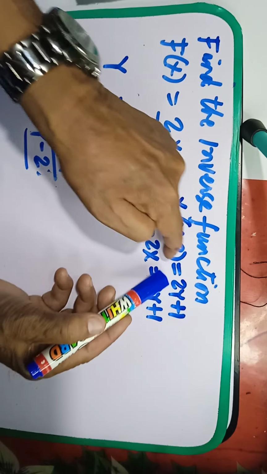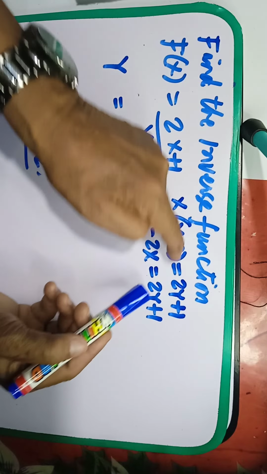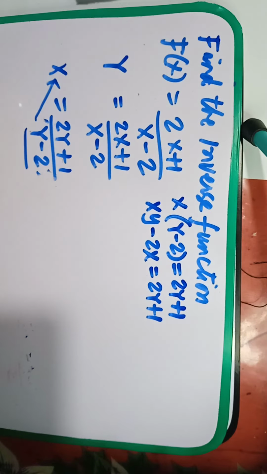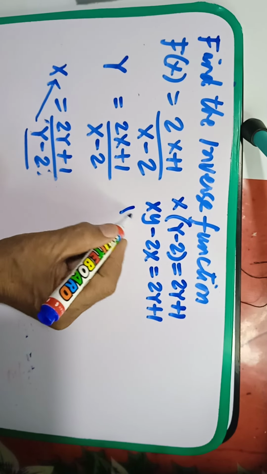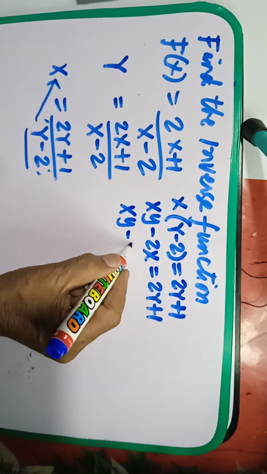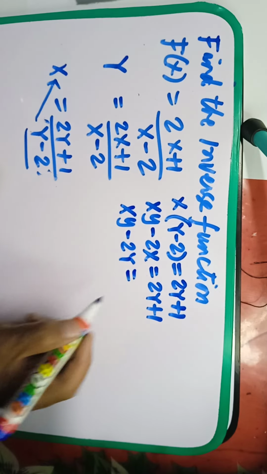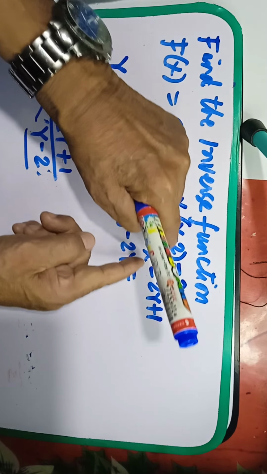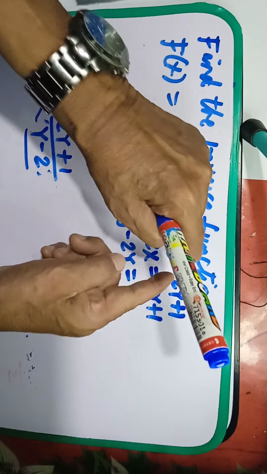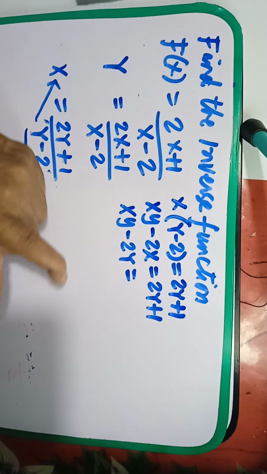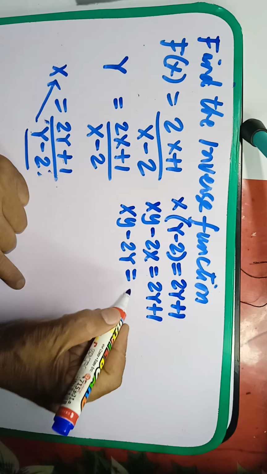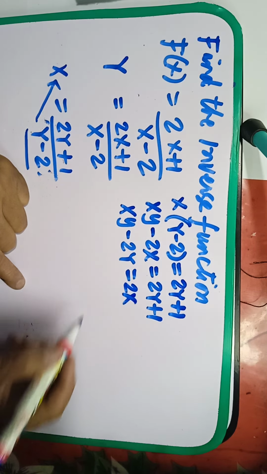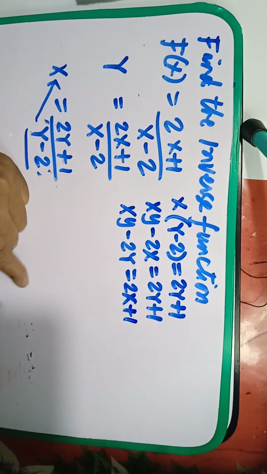Meaning we jump over the equal sign here, and transfer 2y to the left side, changing also its sign. So we have xy minus 2y equals negative 2x, and also by addition property of equality, we are going to jump it over the equal sign to the other side, so that sign will also be changed. So positive 2x plus 1.